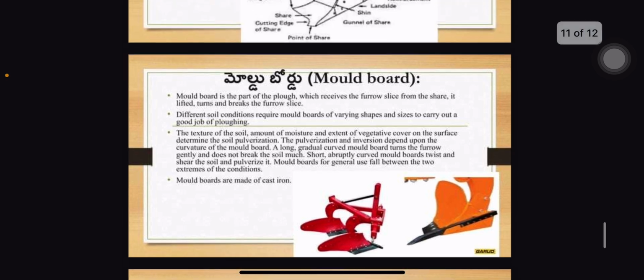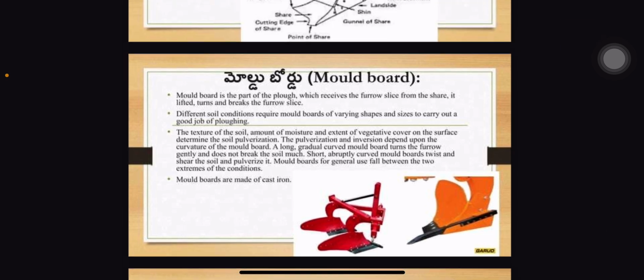The moldboard is commonly used for ploughing the soil. It is the part of the plough which receives the furrow slice from the share. It lifts, turns and breaks the furrow slice. Different soil conditions require moldboard ploughs of varying shapes and sizes to do a good job of ploughing.